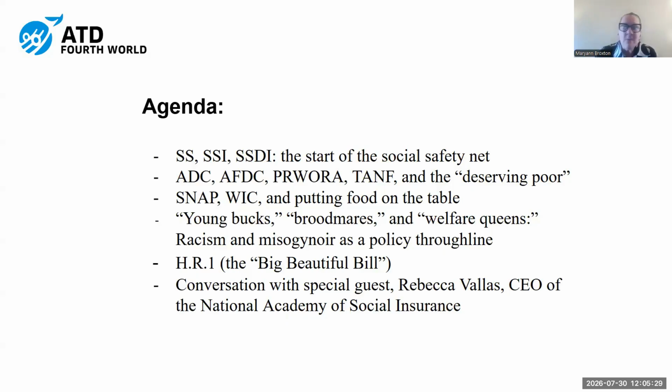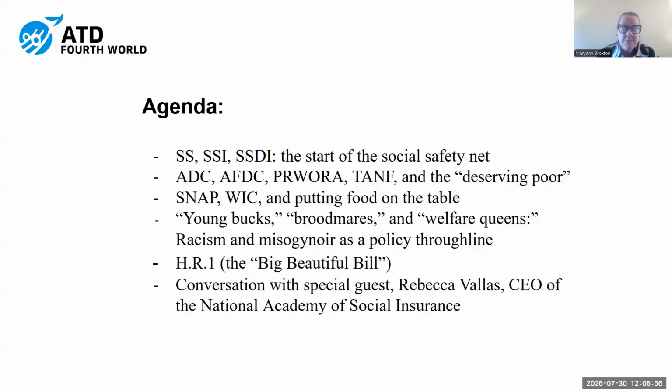First, we'll start where it all began with Social Security, SSDI, SSI, and the creation of the social safety net and means tested cash assistance. We'll look at how the idea of the deserving poor shaped AFDC, PRWORA, and TANF. We'll talk about the program helping people put food on the table.